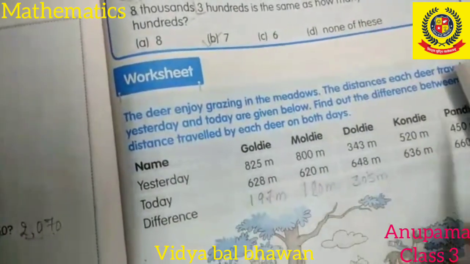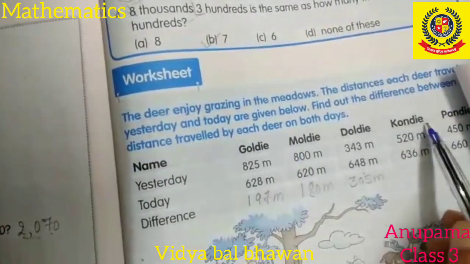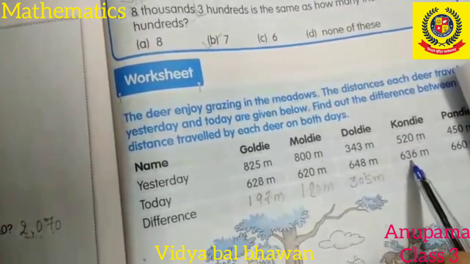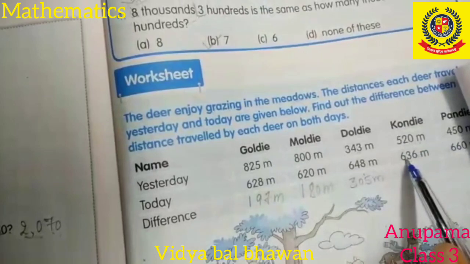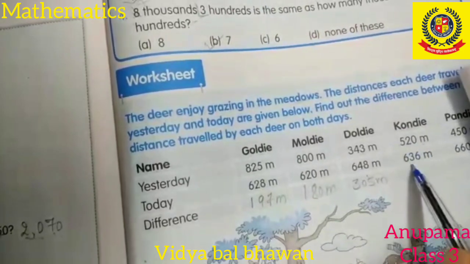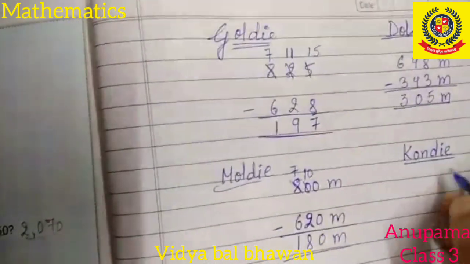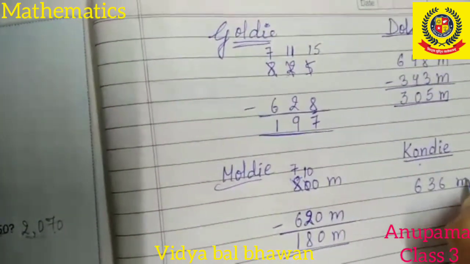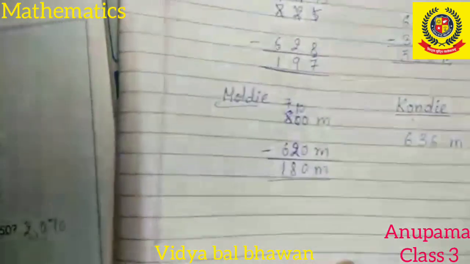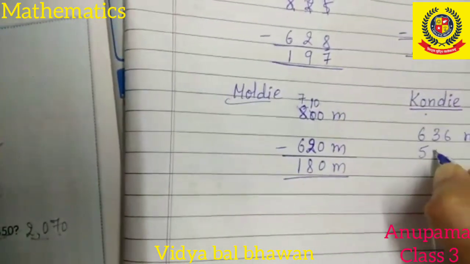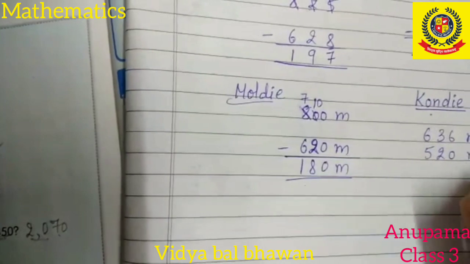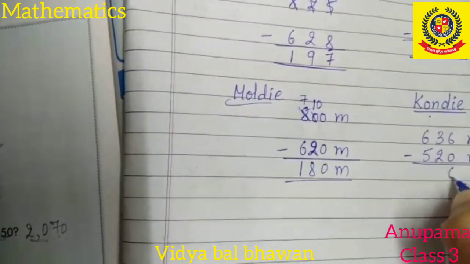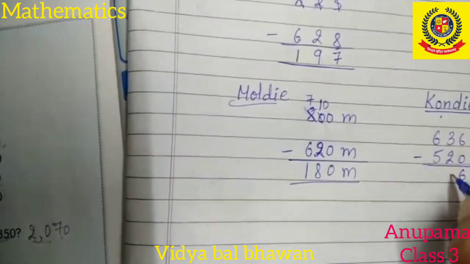Okay. Now we will calculate the difference of Condi. Condi covered yesterday 520 meters and today 636. So we will subtract this number from this. 6 minus 0, that is 6. 3 minus 2, 1.